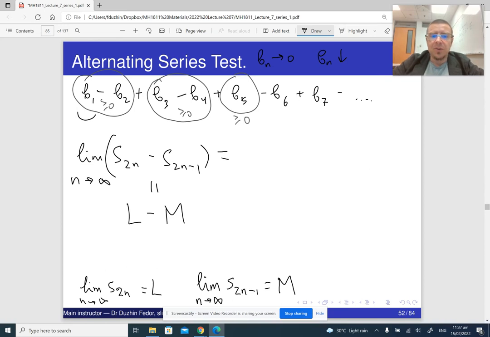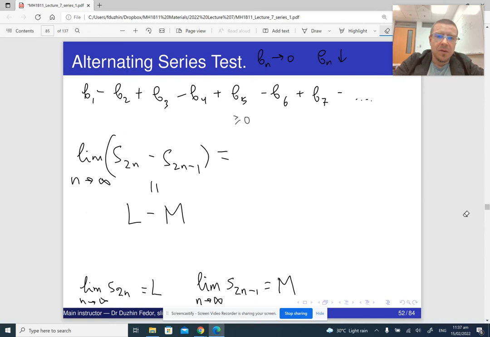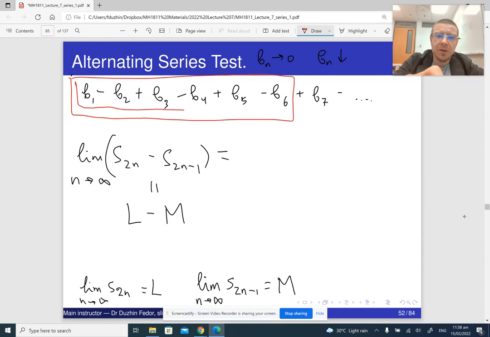On the other hand, if you take the even partial sum minus the odd partial sum, what are you going to get? Let me show it here, right? If you take an even partial sum, like this, minus the corresponding odd partial sum, which is just the previous one, the difference is just minus b, in this case b6, but generally speaking it is going to be minus b2n.